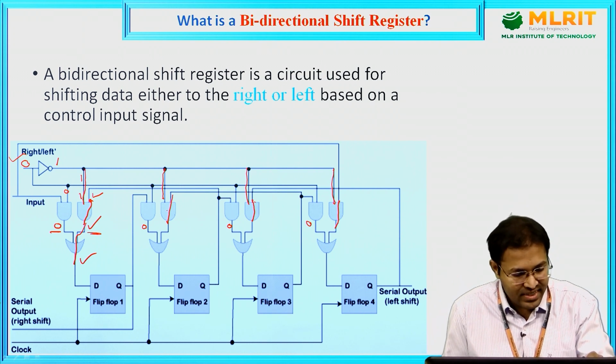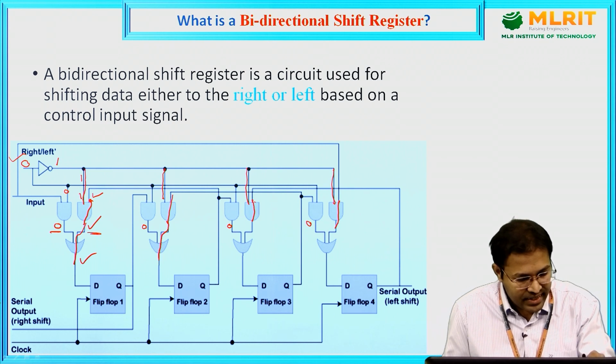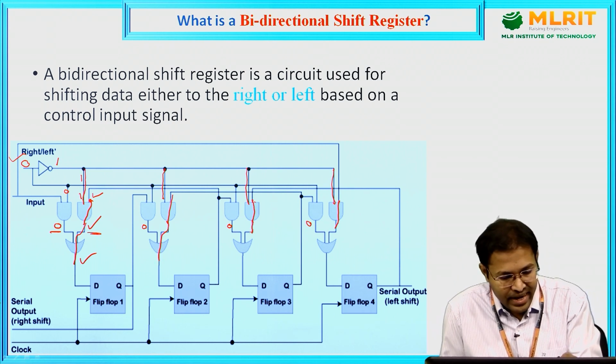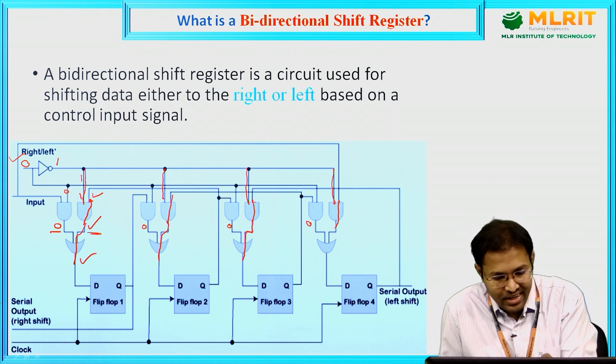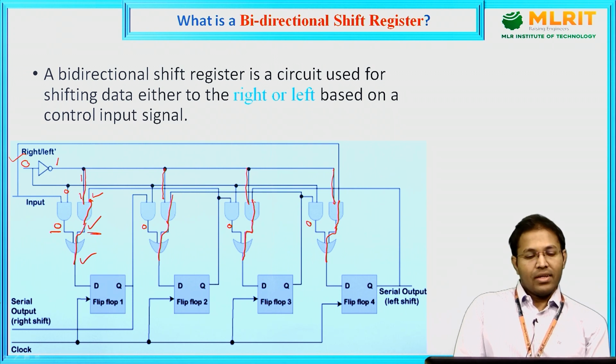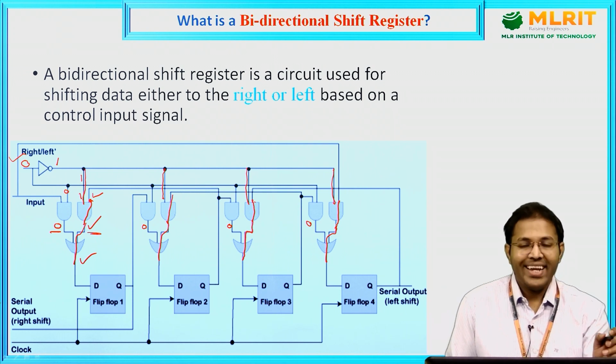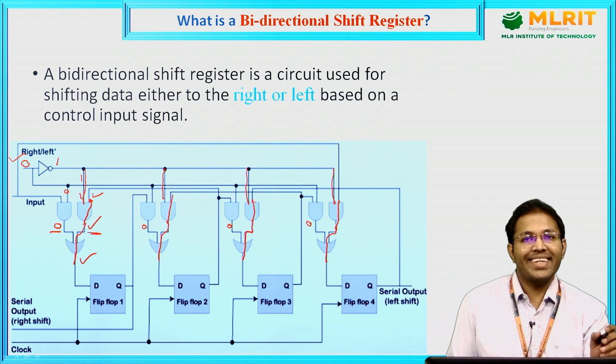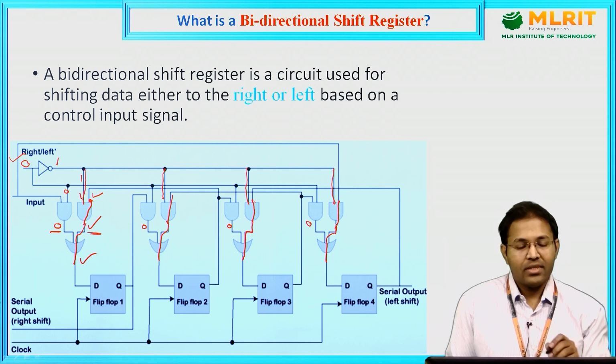It is as good as this AND gate being connected here, and then this AND gate being connected here, likewise this AND gate is connected here. In this situation, let us see how the signal moves through the circuit.